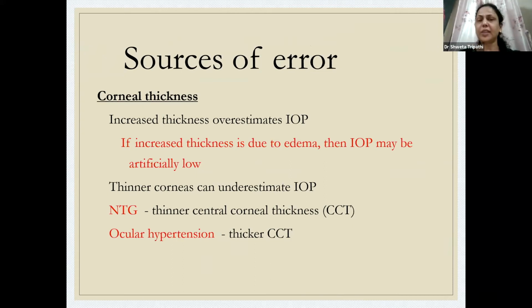The exception is epithelial edema, where the IOP is going to be artificially low. A thinner cornea can underestimate IOP, and this should be kept in mind, because when we are treating NTG and ocular hypertensive patients, we need to keep the pachymetry values in mind.